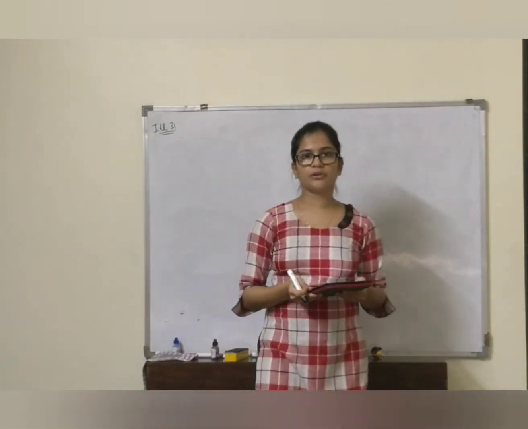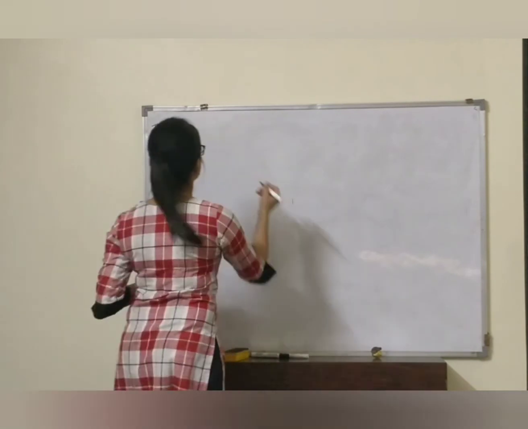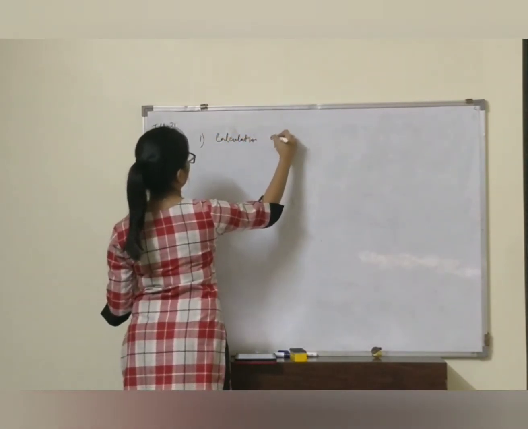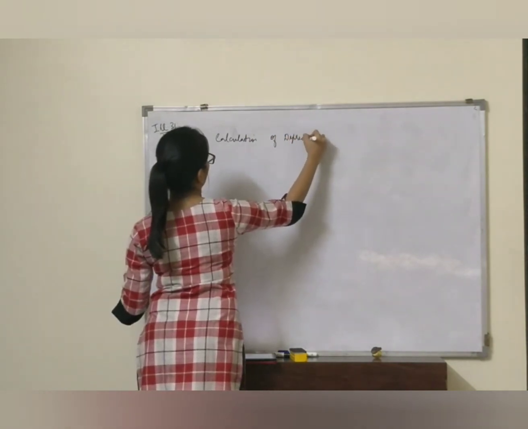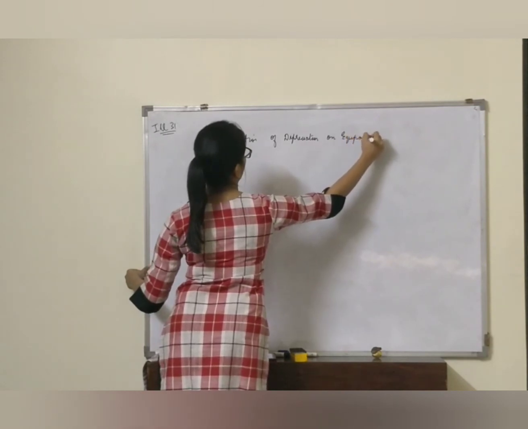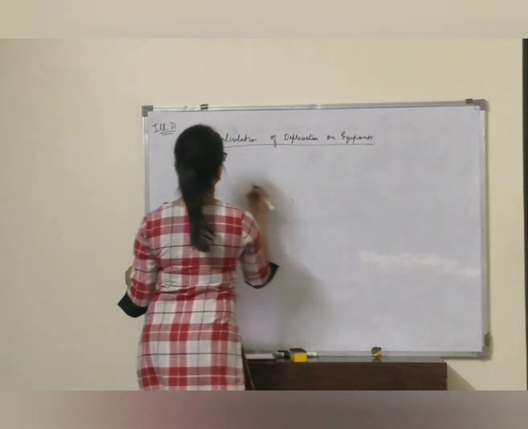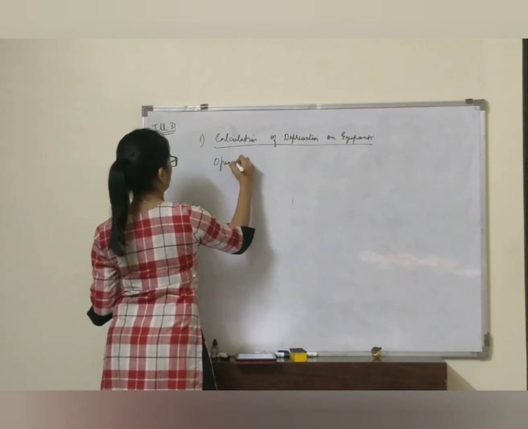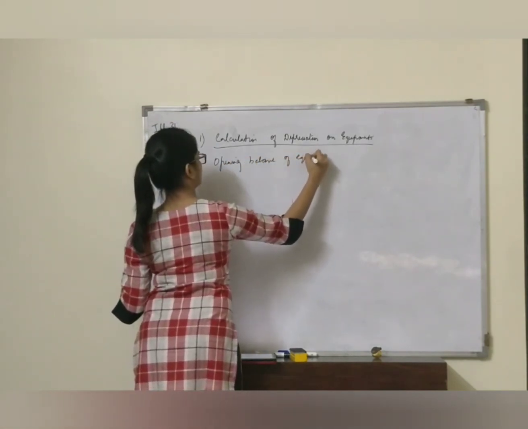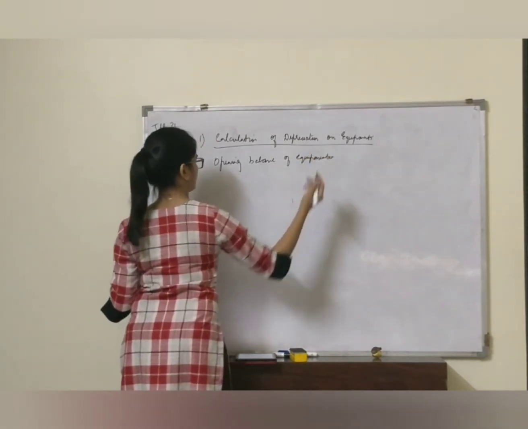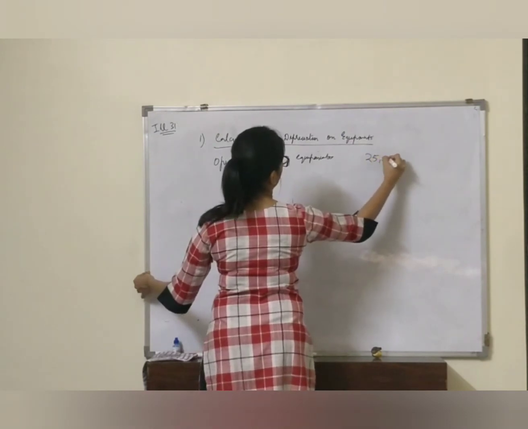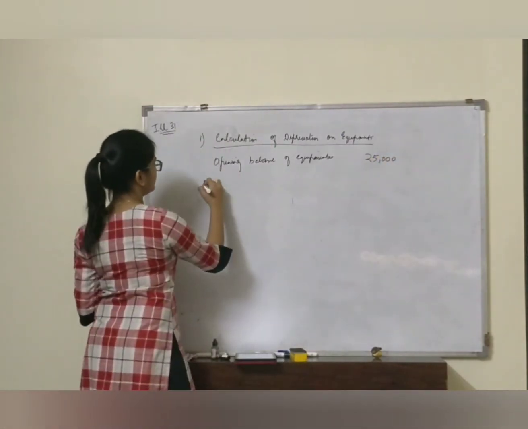So after this, take down the working note. First one, calculation of depreciation on equipments. So we have opening balance of equipments. How much is it? 25,000. Do we have any additional purchase?